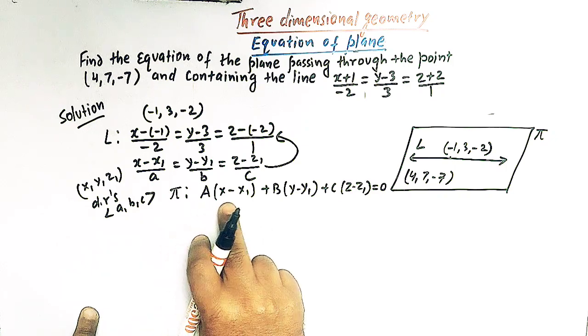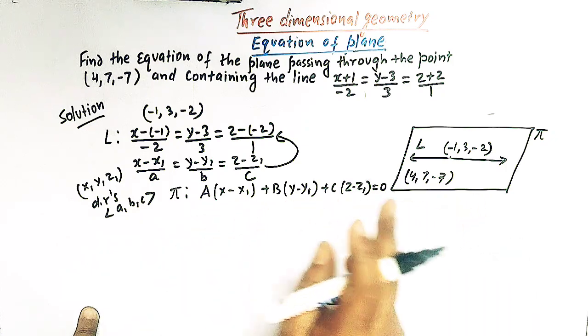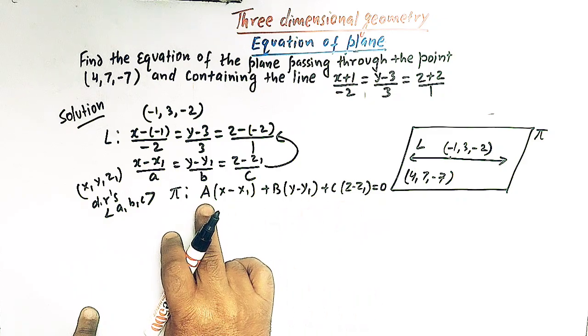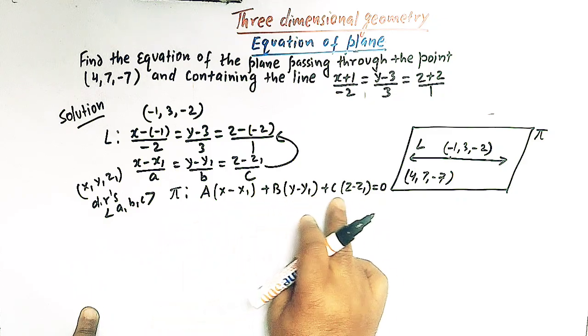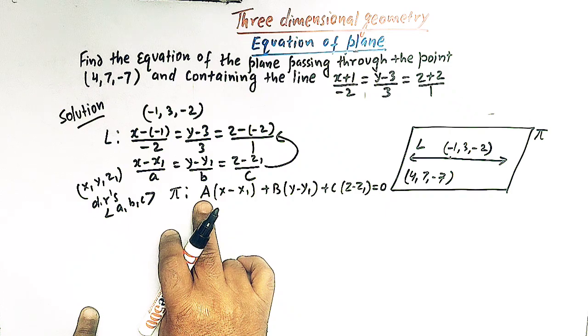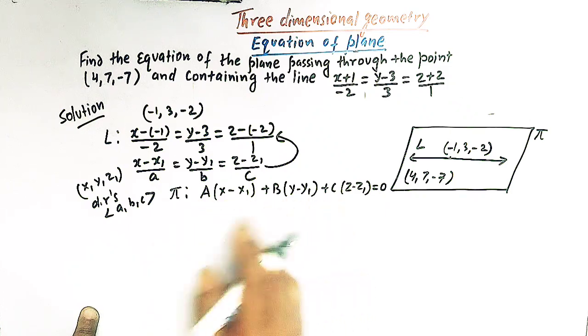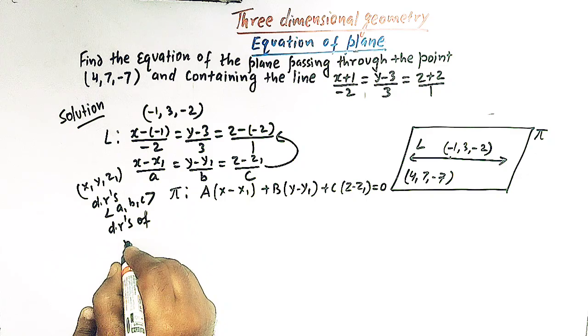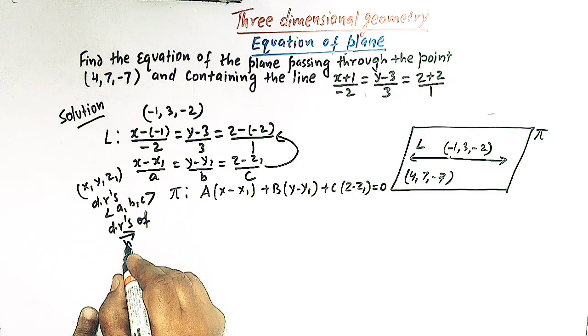So the equation of any plane which passes through a point (x1, y1, z1) can be written like this, where capital A, B and C are the direction ratios of the normal vector, say n.